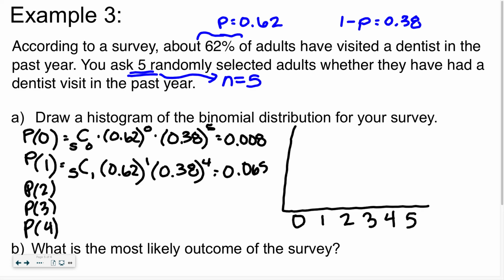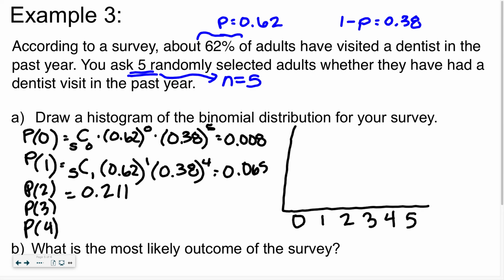Brianna got 0.211. Let me know if you disagree, or if you're having trouble.